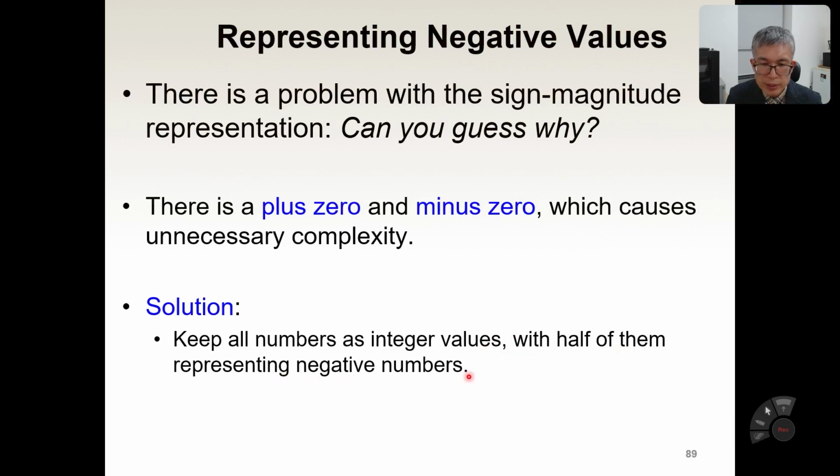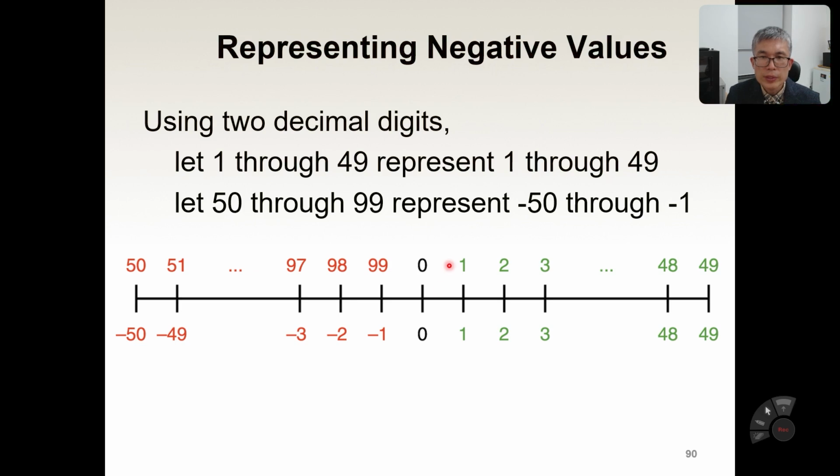So let's take a look at a decimal case using 2 decimal digits. The minimum is 0, the maximum is 99 because we have 2 digits. So half of them, from 0 up to 49, are positive numbers.